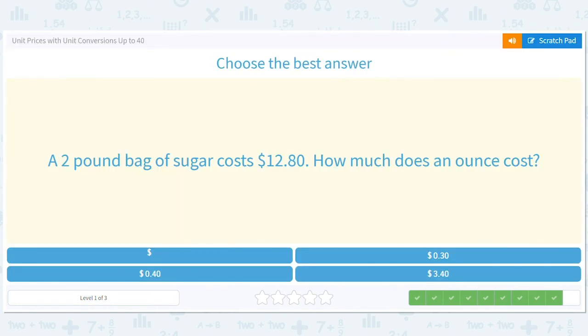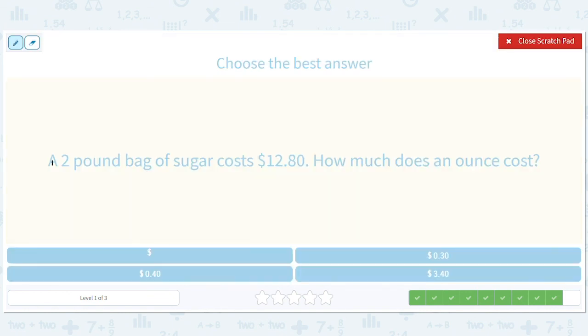And a 2-pound bag of sugar costs $12.80. How much does an ounce cost? Okay, so that's 2 times 16 is 32 ounces in all. And we do 1280 divided by 32. And we get 4 times 32 gives us an 8.